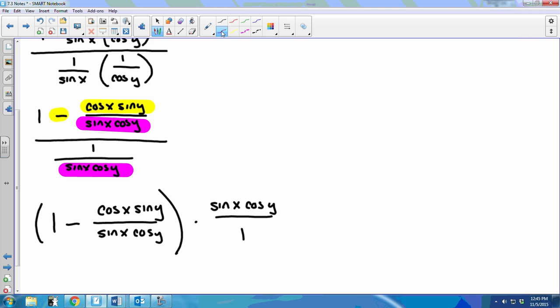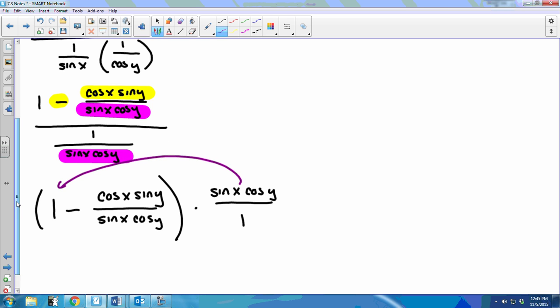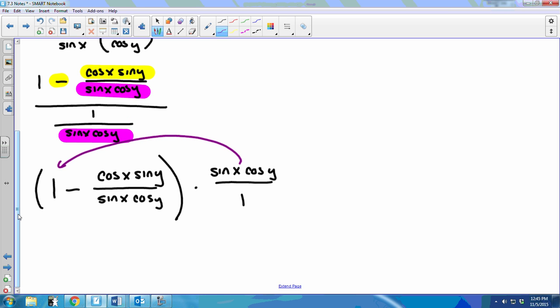Now, you have to distribute. So sine x times cosine y times 1 is just sine x cosine y. I multiply by the reciprocal. So I was dividing by a fraction, and now I'm just distributing. Good plan.